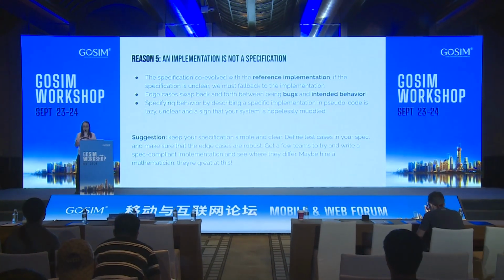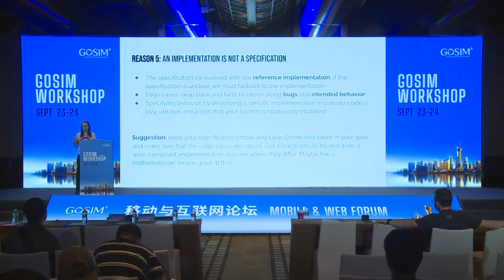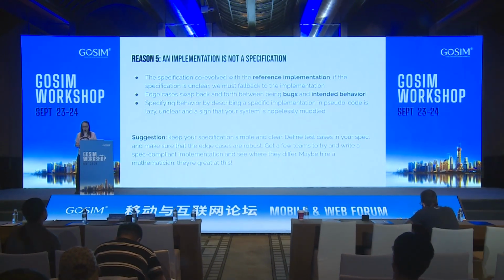It's broken, because a specification should not rely on comparing to an existing algorithm. It shouldn't rely on validation in that way. We should be able to tell what's a bug and what's an intended behavior very clearly. It should be clearly obvious, and it should be defined in the specification.